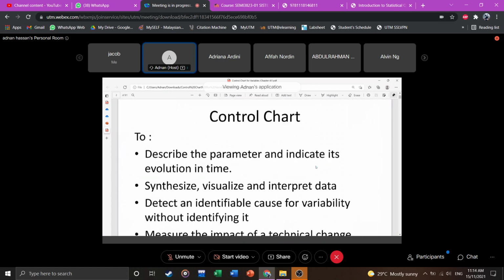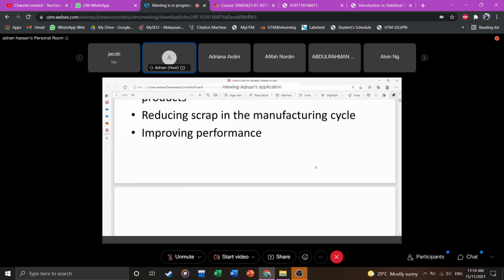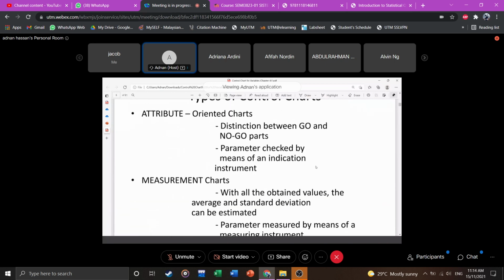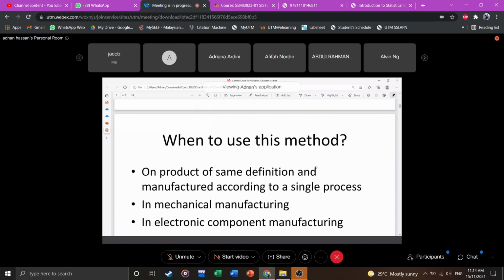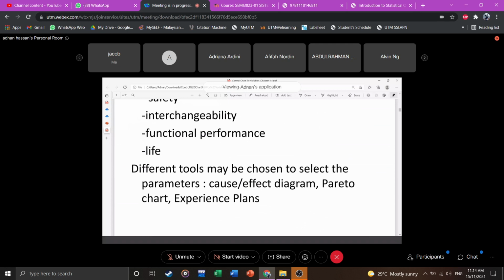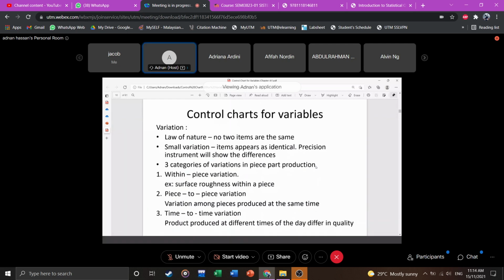Okay, continuation of last lecture. Contour chart for variables.